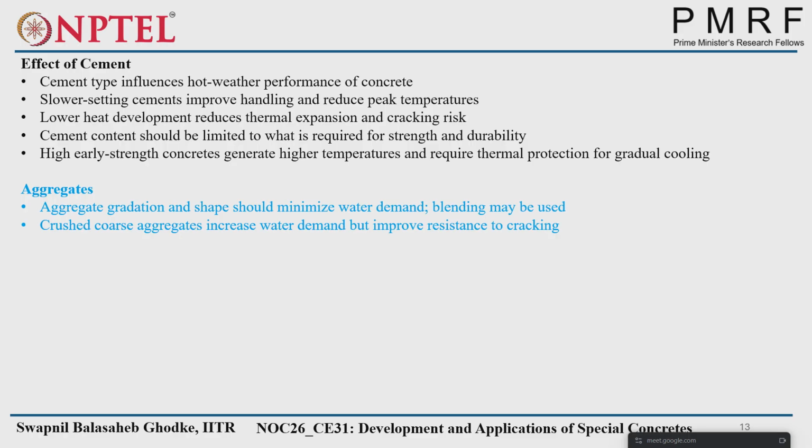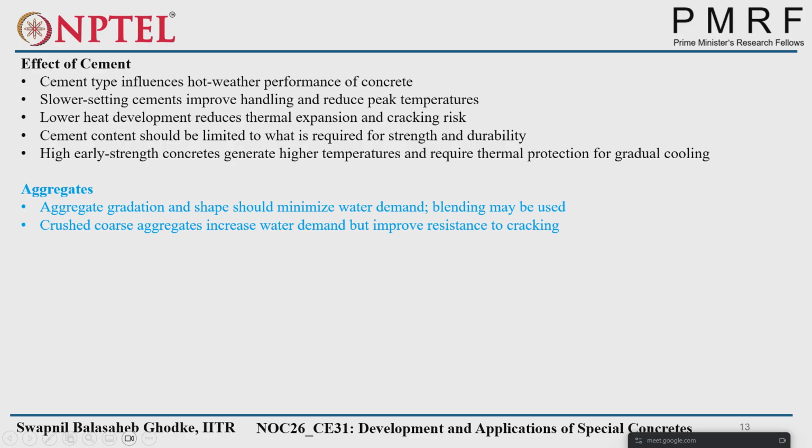Aggregate gradation and shape should minimize water demand. We saw in the last lecture also different types of shapes of aggregate. Suppose we are using circular aggregates, they will require a lesser amount of water. If you are using different types of aggregate, water demand will be different, because circular aggregates have less surface area and the lubrication effect will be more.